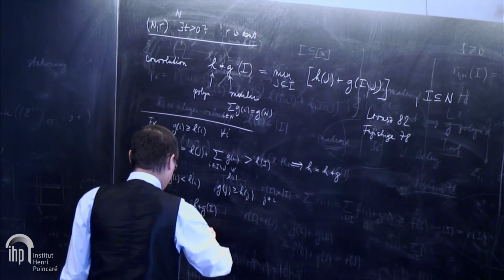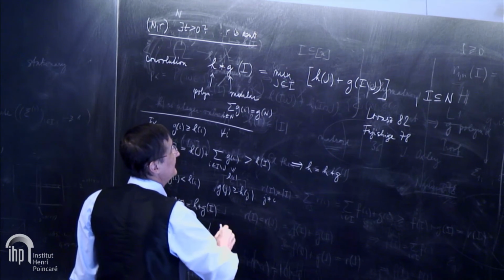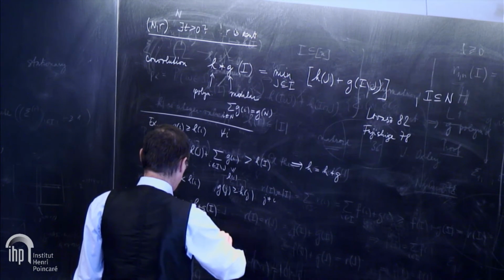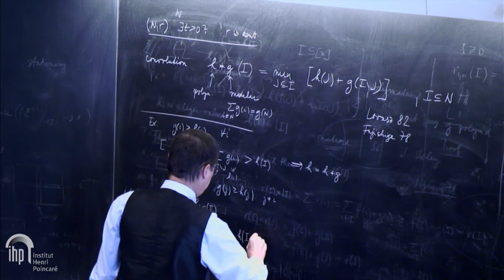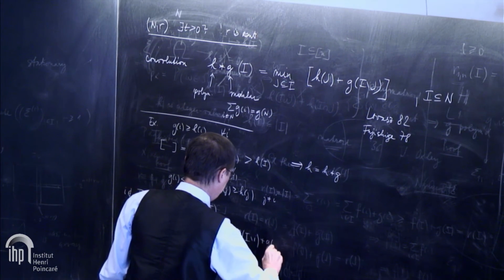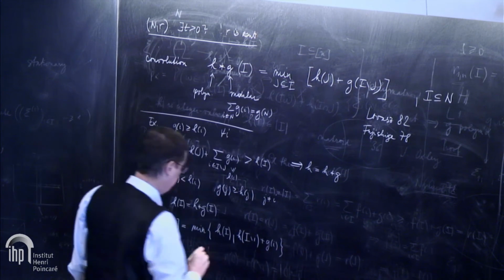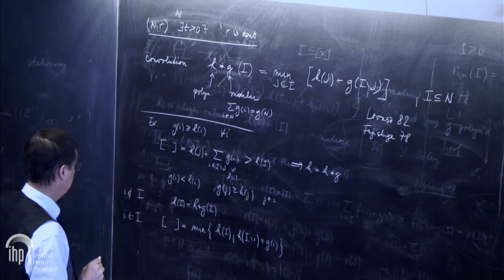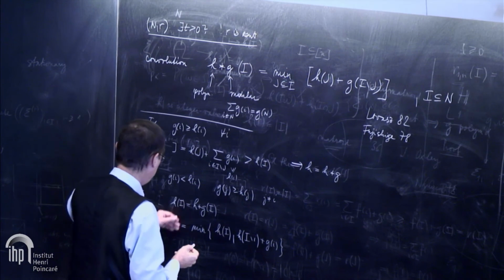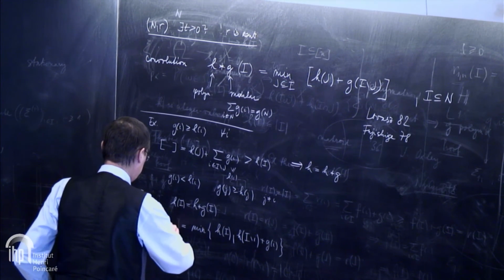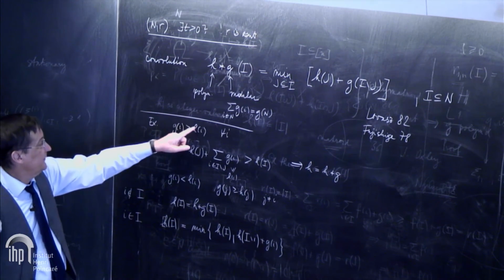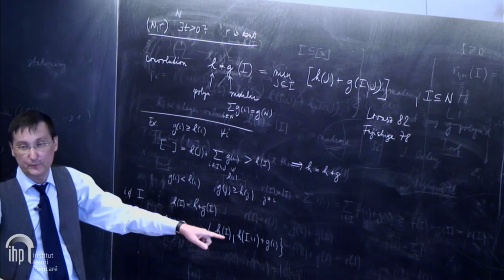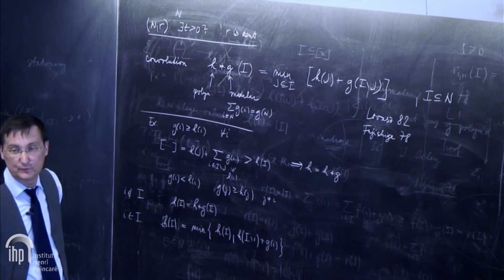So at the very end I compare only two numbers, and this is H of I and H of I minus small i plus G_i. This is the whole, I should write it that way. So in the situation when all values are bigger but one, then it's easy to compute the minimum. It's only the minimum of two numbers.